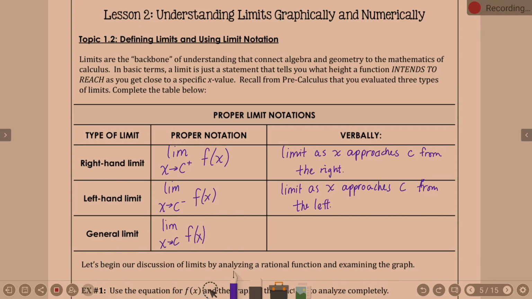In that case, you have to look at from the left and from the right, are they meeting, and where are they meeting at? So the limit as x approaches c. And as I said, they have to meet.